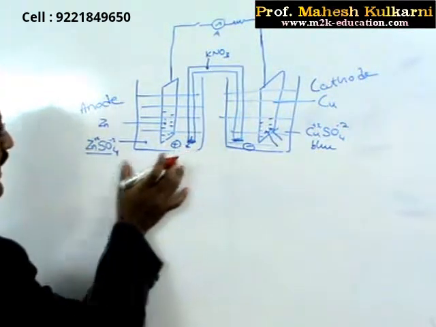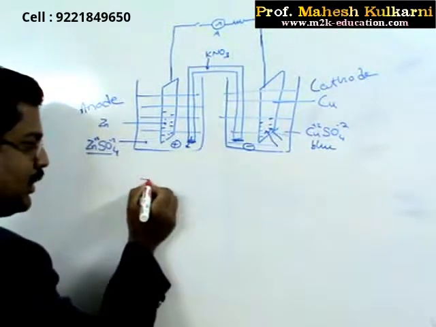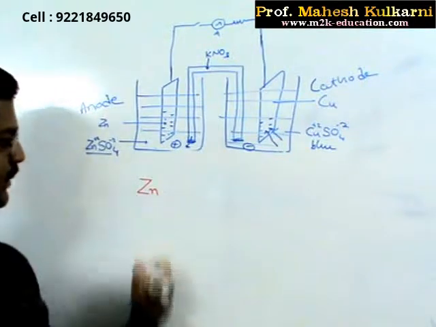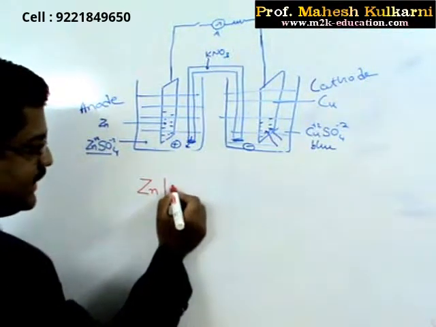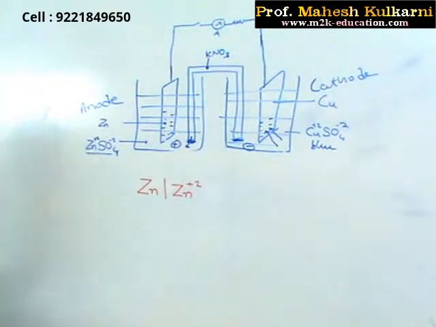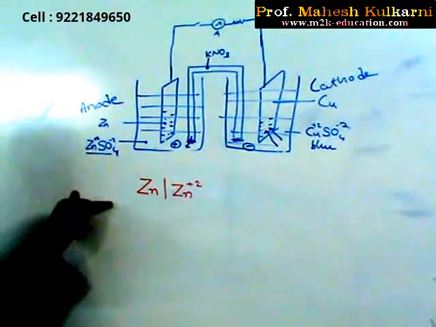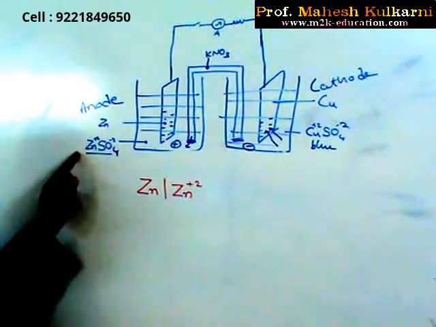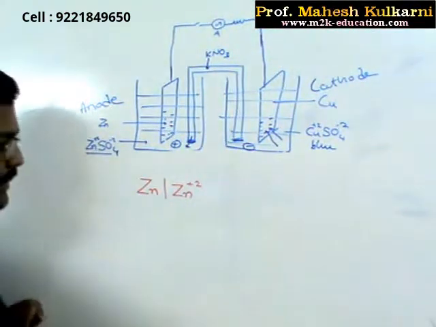This is the left-hand side electrode, which is undergoing oxidation, so that electrode I should represent first. In the representation I write zinc. Zinc is in contact with Zn+2 ion. I am not concerned whether it is sulfate, chloride, nitrate or phosphate. I want only the zinc ion, so in representation we write Zn+2.